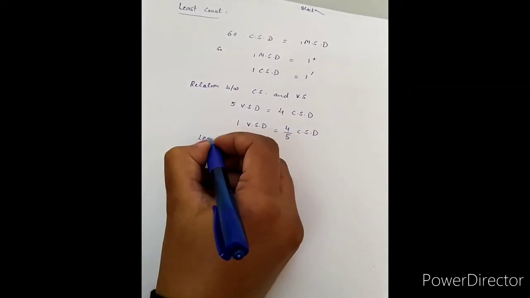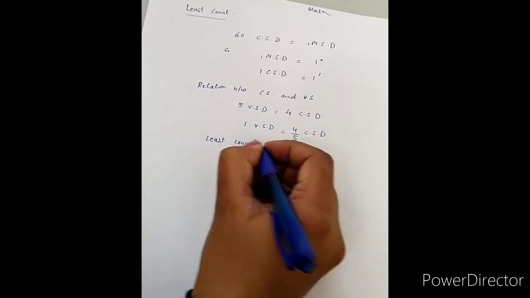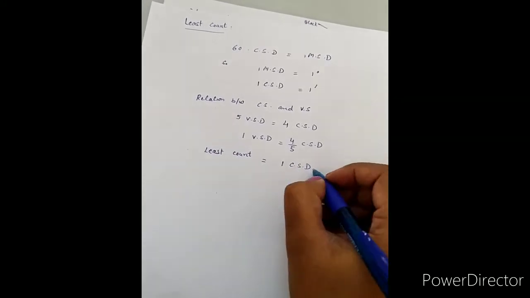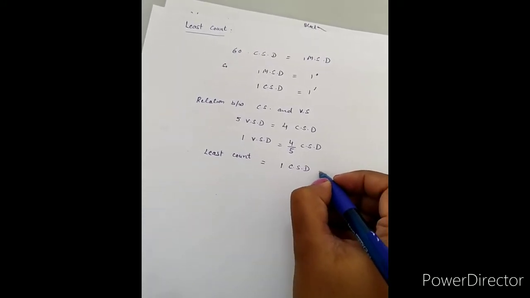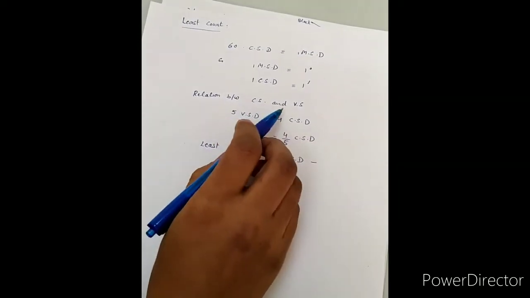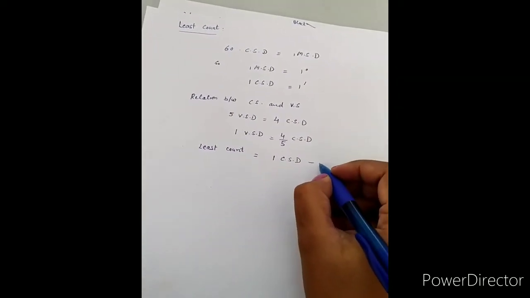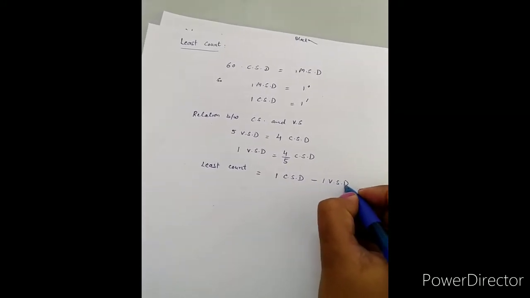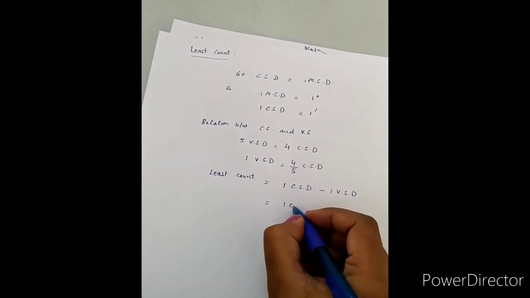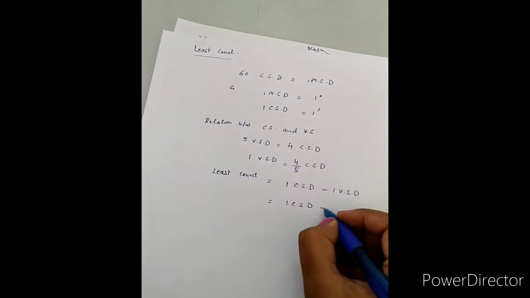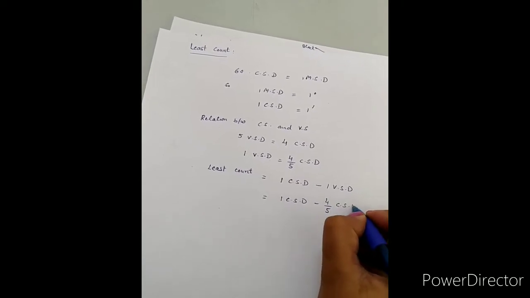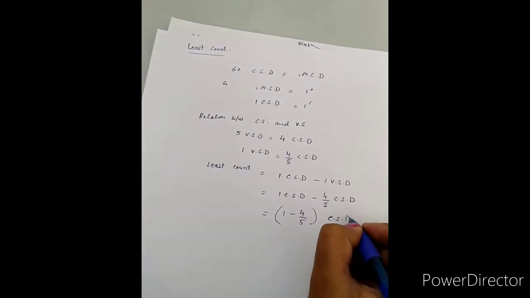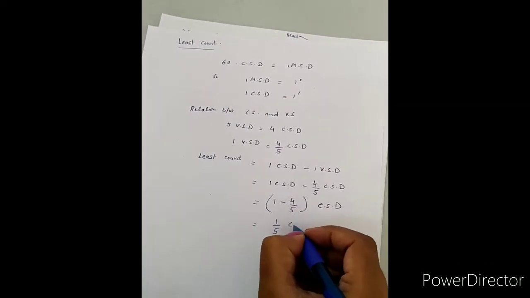The least count is equal to 1 main scale division minus 1 vernier scale division. Here the vernier scale is coinciding with the circular scale, so we have named it the circular scale. So 1 circular scale division minus 1 vernier scale division, that is 1 CSD minus 4 by 5 CSD, which is 1 by 5 CSD.